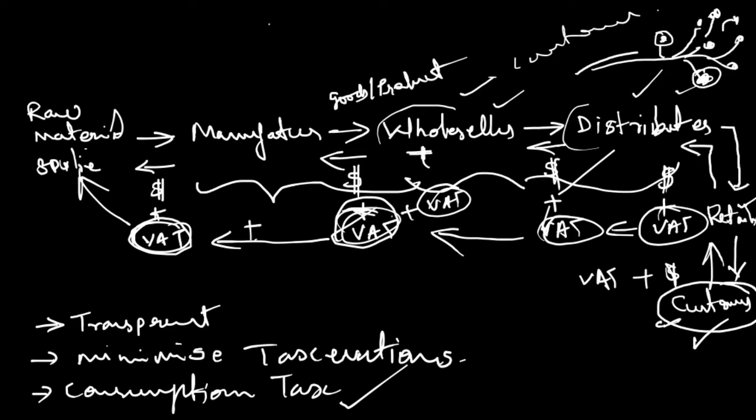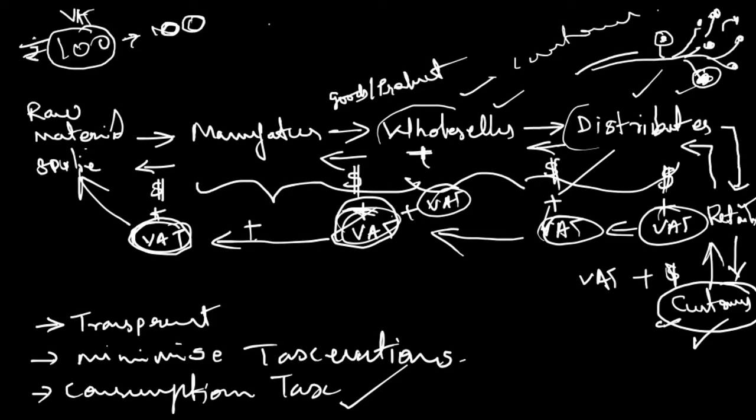Have an example. I paid 100 rupees tax to the supplier. I'm a manufacturer. So I manufacture 100 units of products, and I paid 100 rupees for the raw material, not the price of the raw material, it is only the VAT.